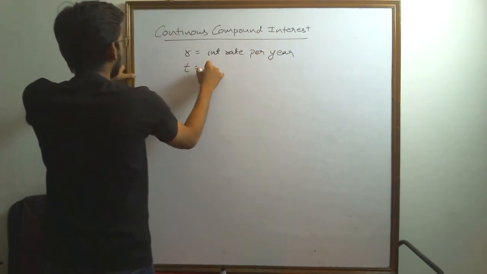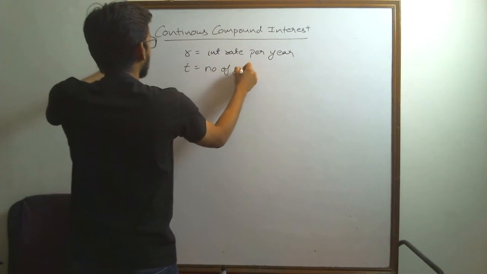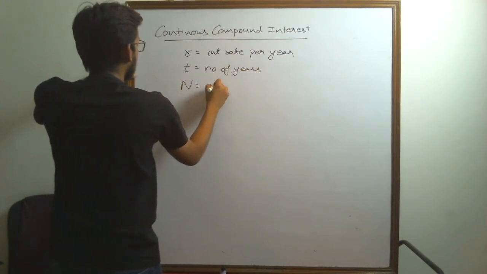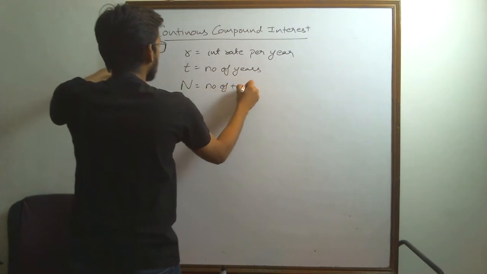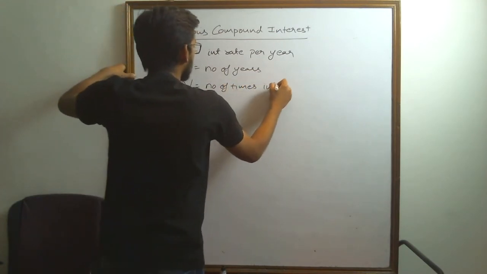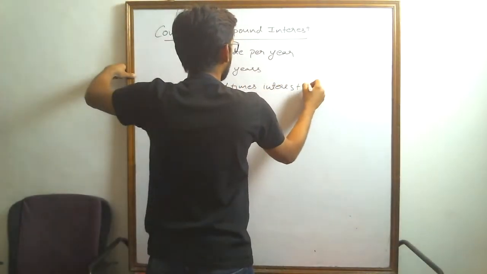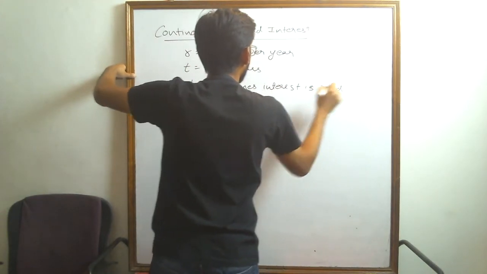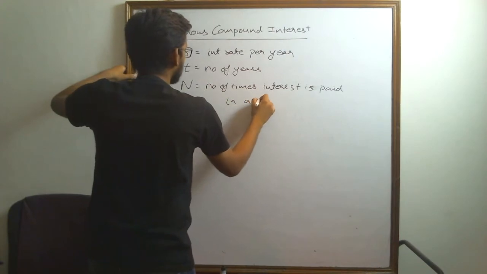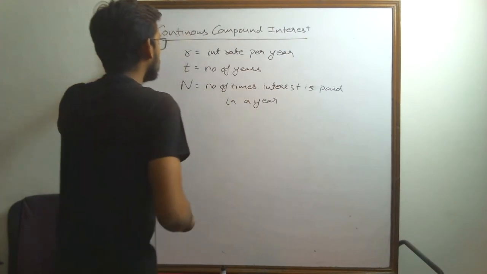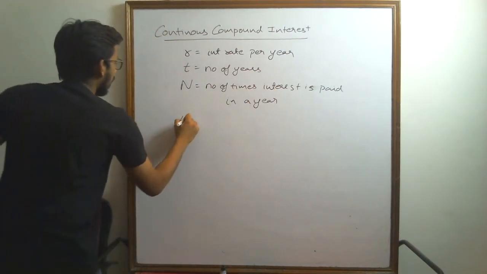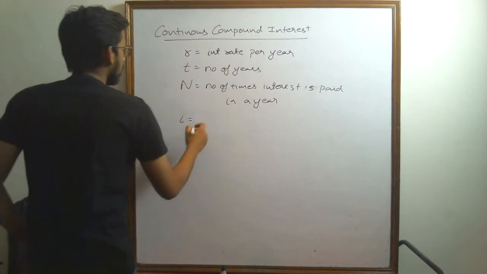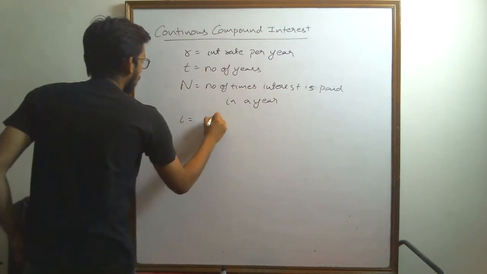Let T be the number of years and let capital N be equal to the number of times interest is paid in a year. Then I, which is our interest rate per compounding period, will be equal to R upon N.